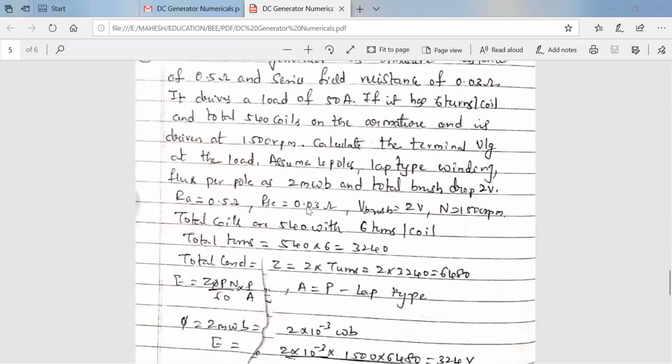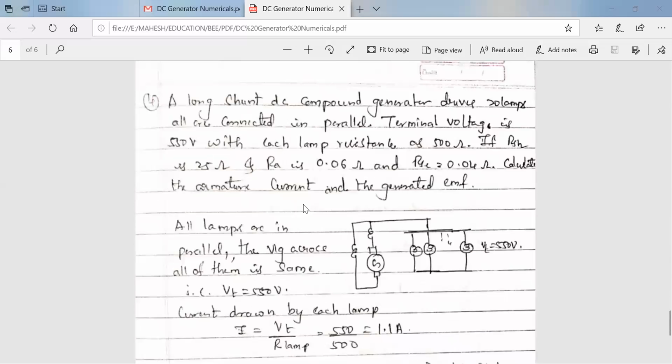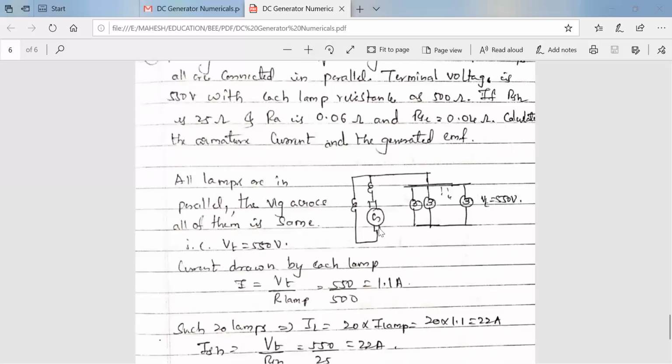Here he has given one more additional point: the load is in terms of lamps. All lamps are in parallel, so the voltage across them will remain the same. So the terminal voltage will be the same in all the lamps.